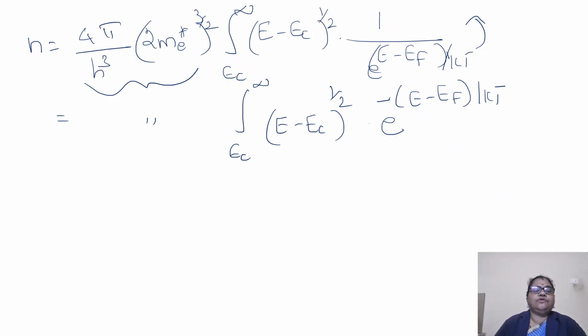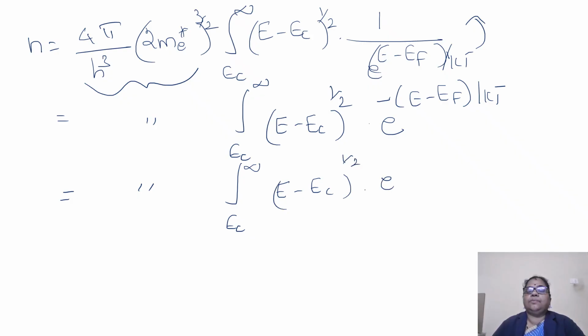In the next step, the first term stays the same, and we have the integral from Ec to infinity of (E minus Ec) to the power half. Here we have e to the power plus EF by kT, and then e to the power minus E by kT.